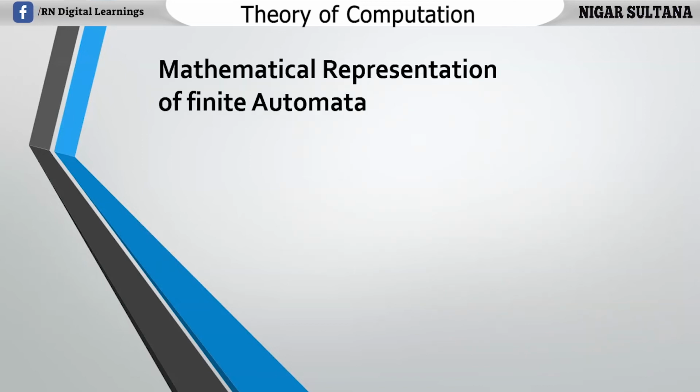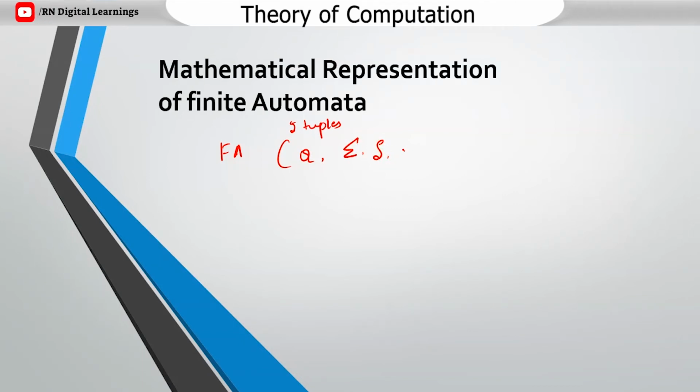Now let's see how we can mathematically represent this finite automata. For this finite automata, we have 5 tuples. We have 5 parameters: first Q, sigma, the transition function, Q naught, comma F. So I'll be representing what all these are. What does this Q indicate?